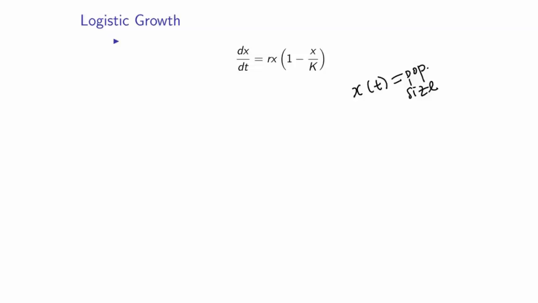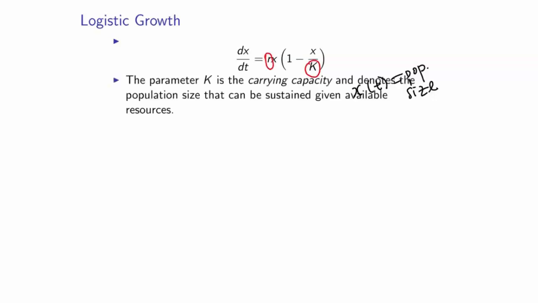And the parameters: here x is the state variable, and then we have two parameters. We have r and we have this parameter k. K is, in this model, what we refer to as the carrying capacity.